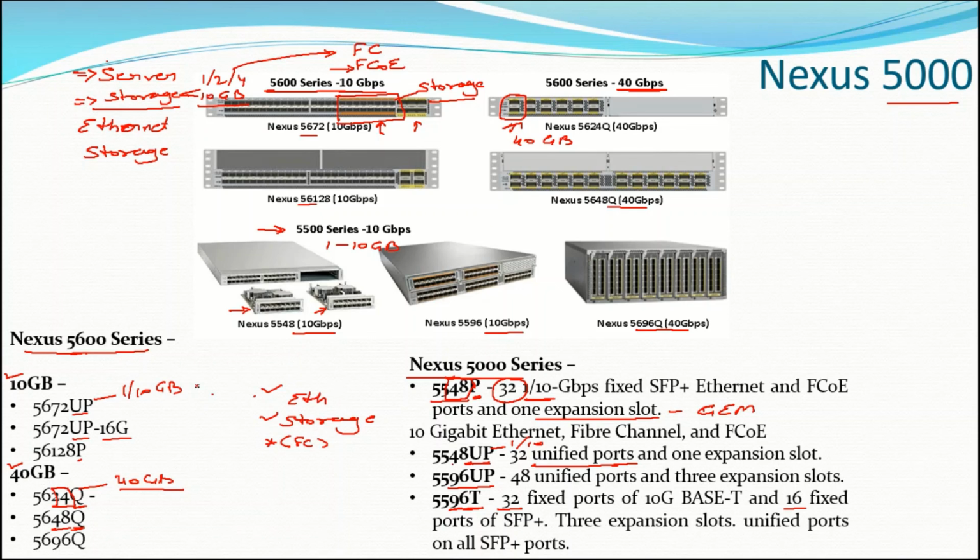The license which we have installed on the main physical appliance is applicable to all the virtual switches. The operating system we installed on the physical appliance is also applicable to all the virtual switches.